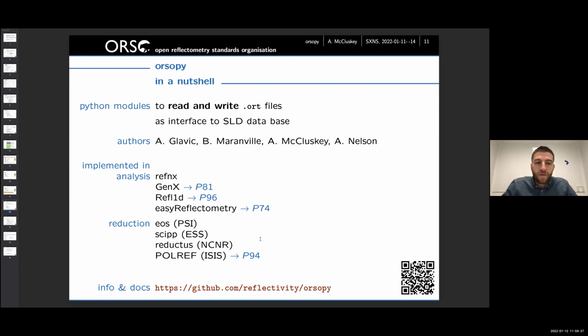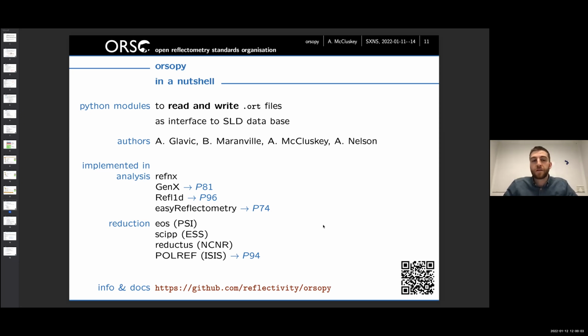And so in that vein, we've put together a Python package that, in addition to handling the file format things, is going to handle a lot of different infrastructure and software that we've developed through the Orso collaboration. At the moment, it can handle the reading and writing of these .ort files, so the shared file format that Joachim's just been discussing.